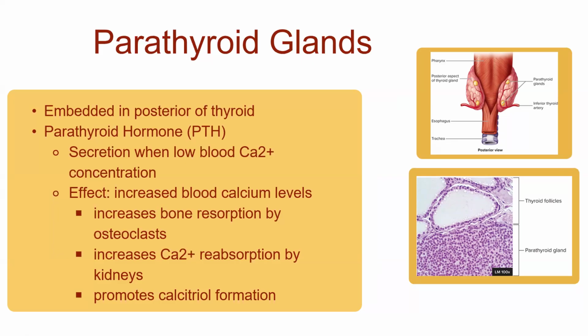So we're going to break down some of that calcium phosphate making up the hard structure of our bones. We're going to increase, rather than decrease, the calcium reabsorption by the kidneys. We're also going to promote calcitriol formation, the active form of vitamin D, and that's partly what helps with this aspect. It's going to cause us to absorb more calcium in the digestive system as well.